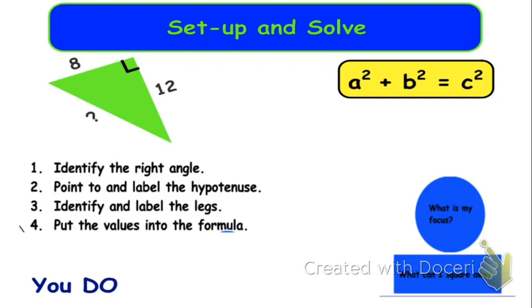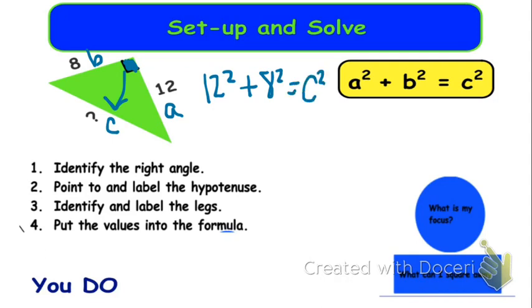Okay, so this is how your problem should look. This is our right triangle, this is leg C, I've pointed to and labeled it, and then we have leg A and we have leg B. If you said that the side that is 12 is leg B and the side that's 8 is leg A, that's fine. So into the formula we're going to say 12 squared plus 8 squared equals C squared.